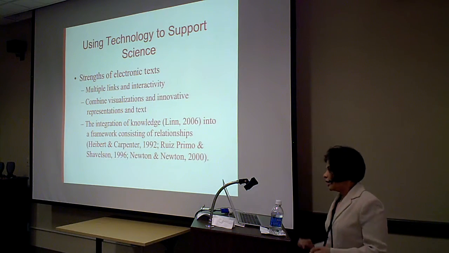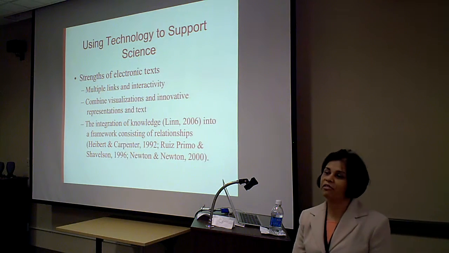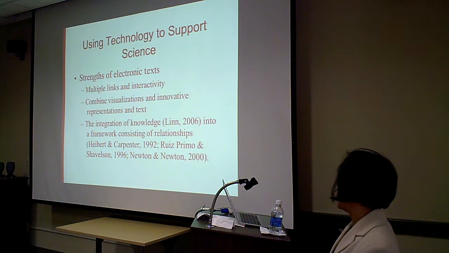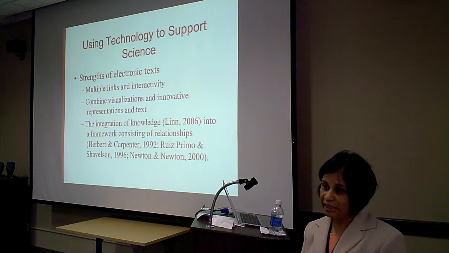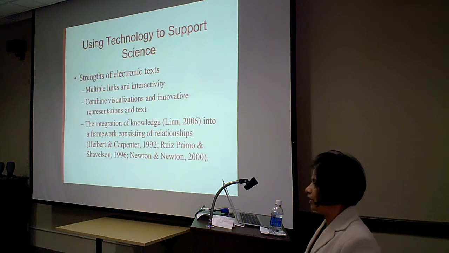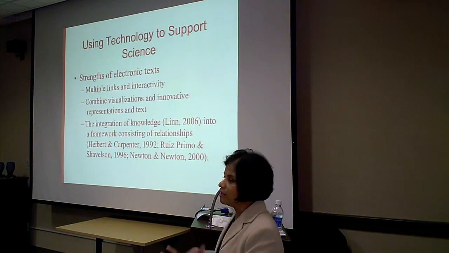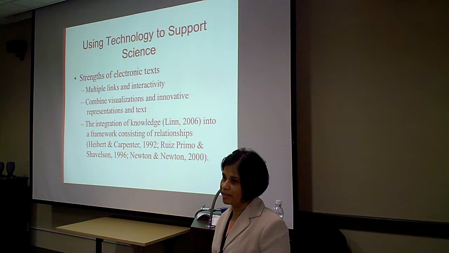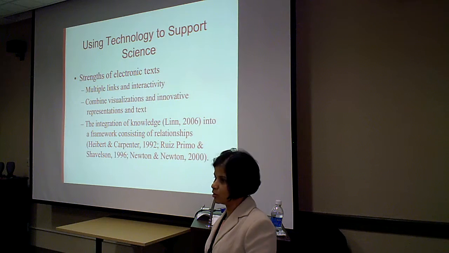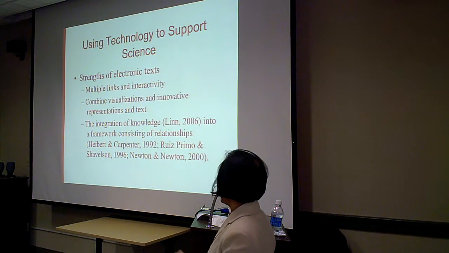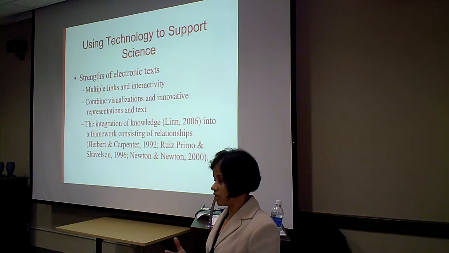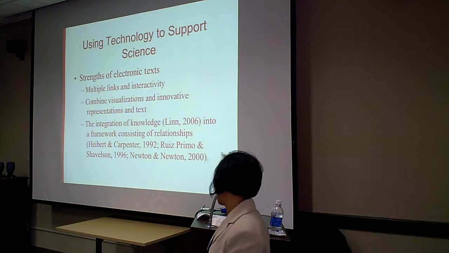There are several strengths of electronic text as opposed to linear text. One of them is that they provide multiple links and interactivity. Something that students do when they build an artifact is they see the relationships between different science processes or concepts and principles, and electronic texts allow you to make those relationships more obvious to students.